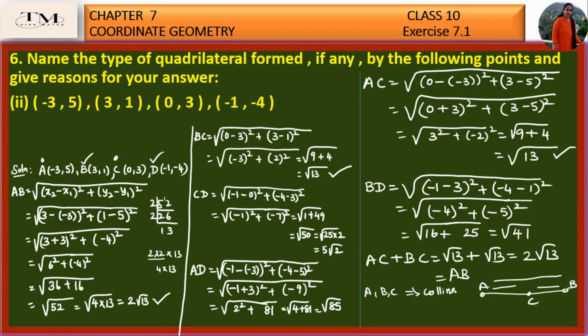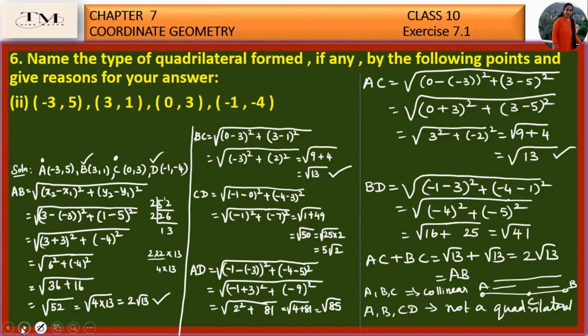So if A, B, C are collinear, they lie in a straight line, so they do not form a quadrilateral. So ABCD is not a quadrilateral. Okay, children, I hope you can understand this problem.